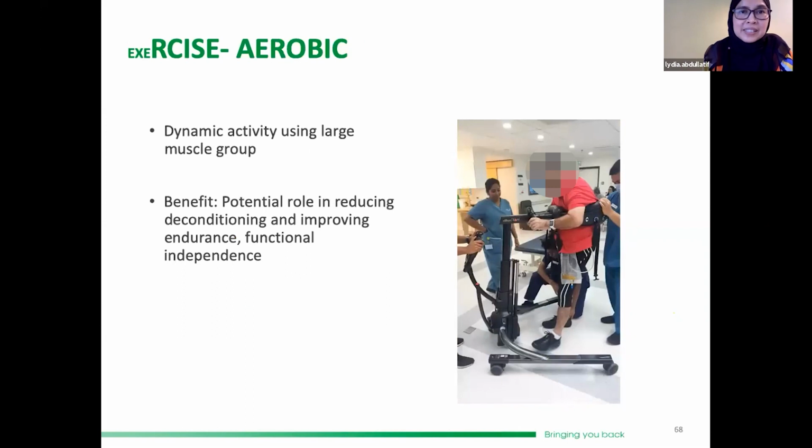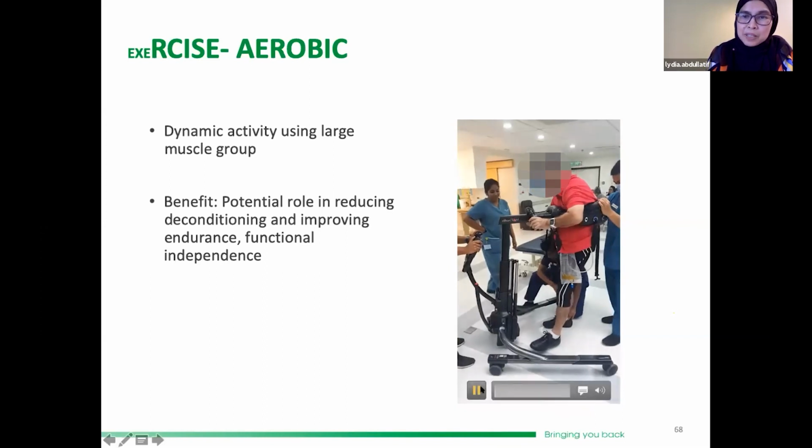The last exercise is aerobic. Aerobic is when you use dynamic activity using large muscle groups. Aerobic exercise has the potential of reducing deconditioning, helping with endurance, and maintaining functional independence. You can use gadgets like overground gait training like this for patients.